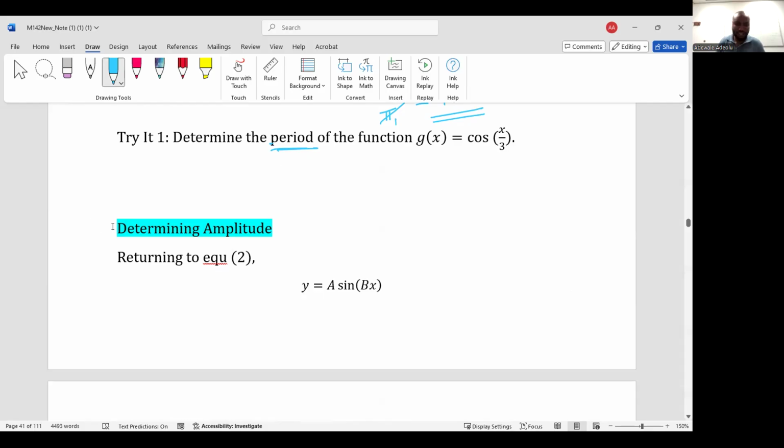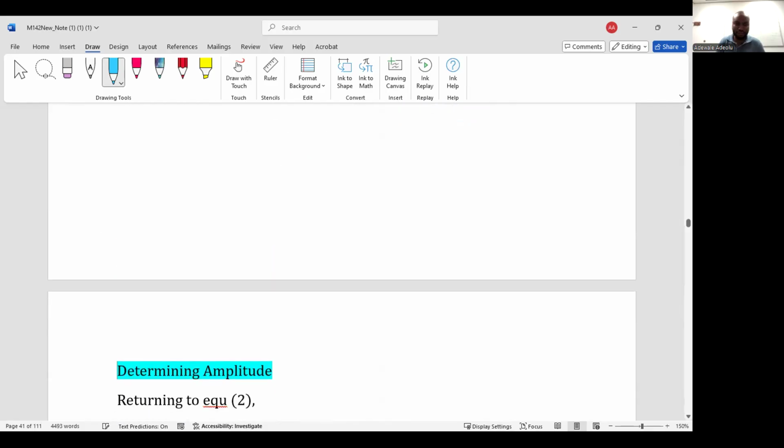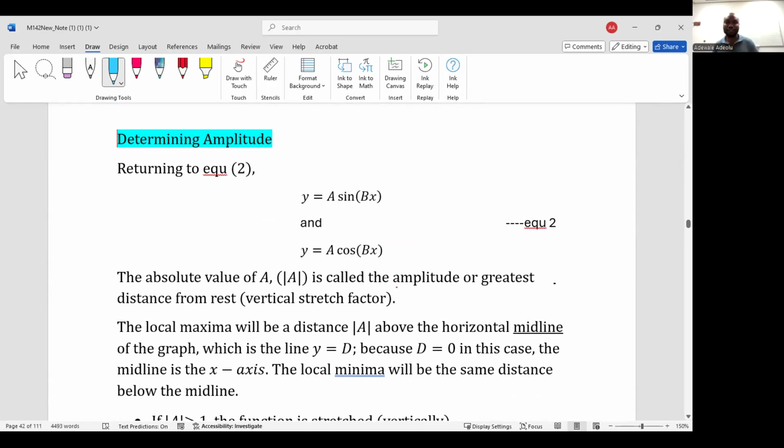The next thing we will look at is finding the amplitude. Let us talk about the amplitude. So we return to equation 2. We've talked about B, now let us talk about A, the amplitude. From your study of quadratics, if you have x squared, what happens if you have something like 2 times x squared?